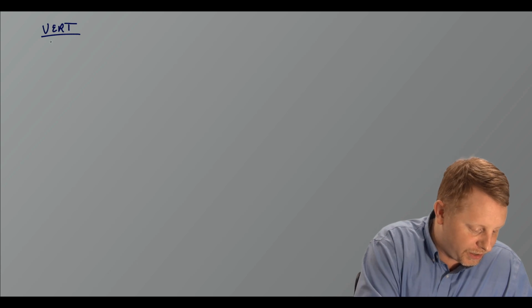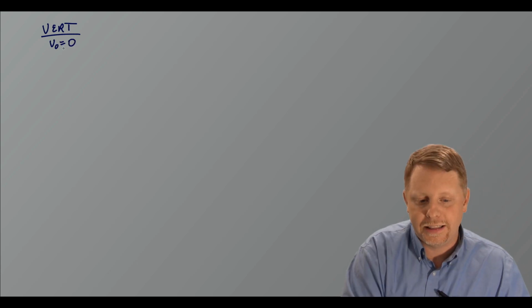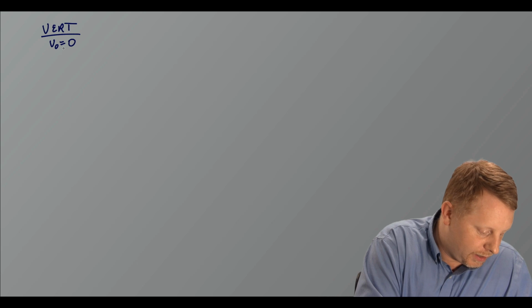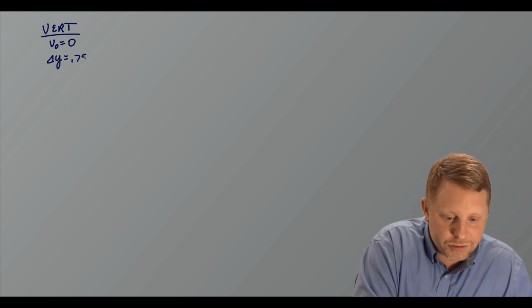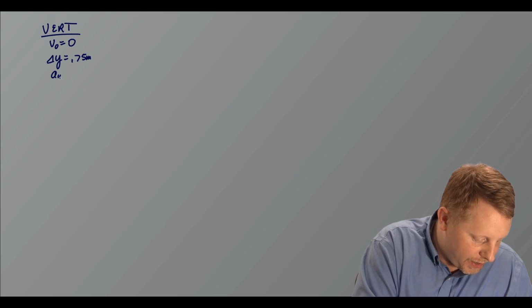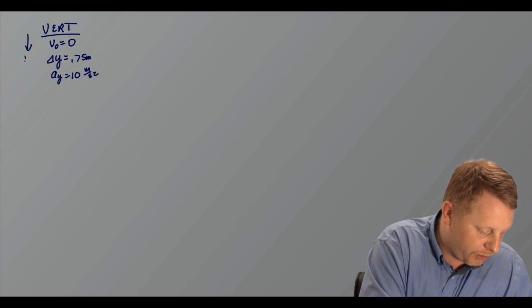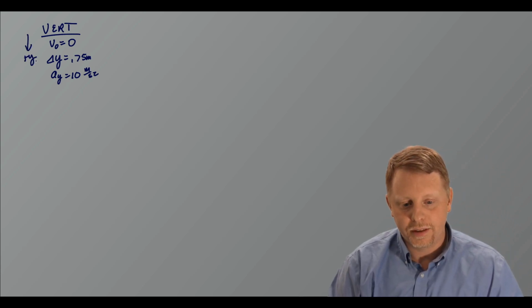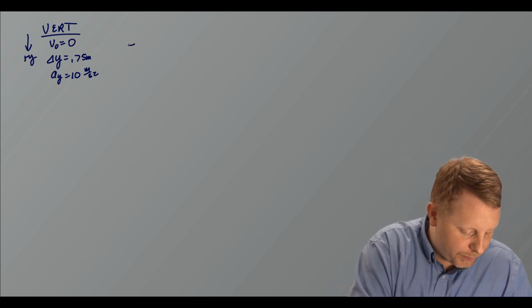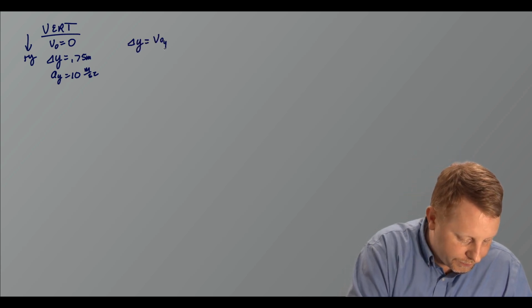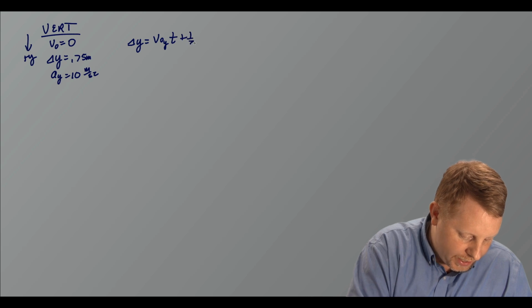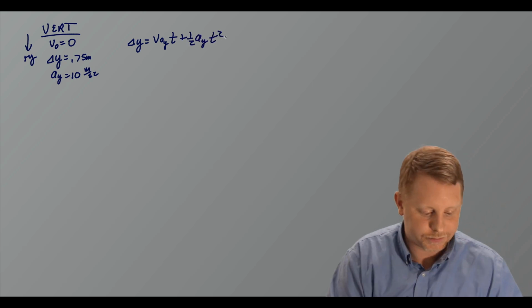Vertically, its initial velocity is 0 since it's launched horizontally only. Delta y is the height off the table, 0.75 meters, and ay is going to be 10 meters per second squared, calling down our positive y direction for this part of the problem. So looking for time, we can use our kinematic equation, delta y equals v naught y t plus 1/2 ay t squared.